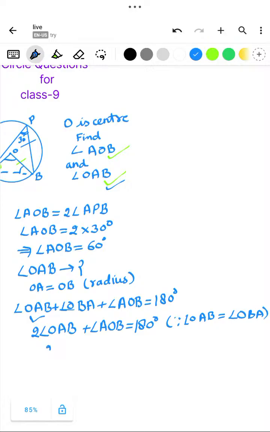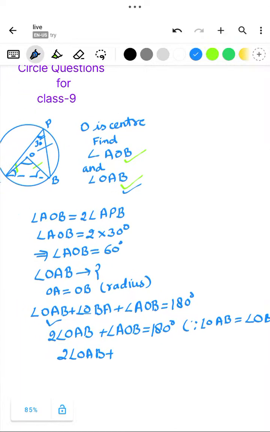Now twice of angle OAB plus AOB, we have calculated 60 degree. So we will substitute the value here is equal to 180 degree. This will give twice angle OAB is equal to 180 degree minus 60 degree.